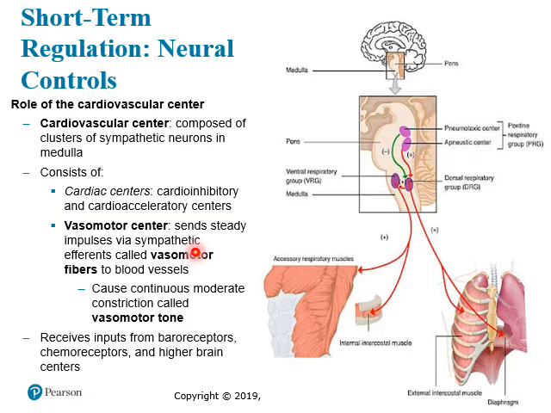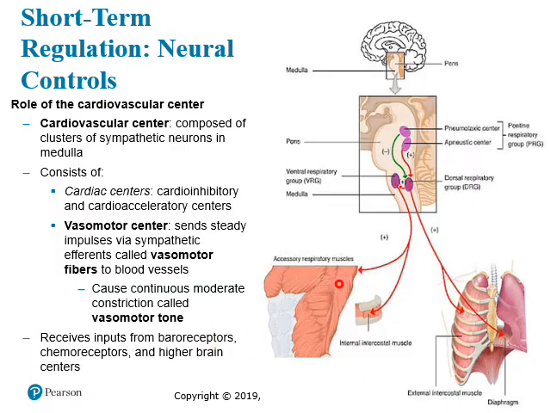Then you have the vasomotor center. It sends impulses via the sympathetic efferents called the vasomotor fibers to the blood vessels. It can continuously moderate vasoconstriction, which is called the vasomotor tone.